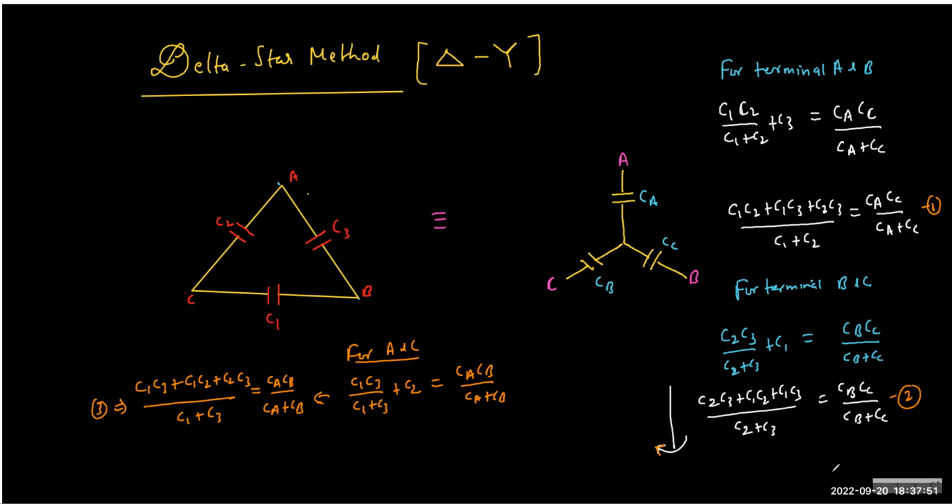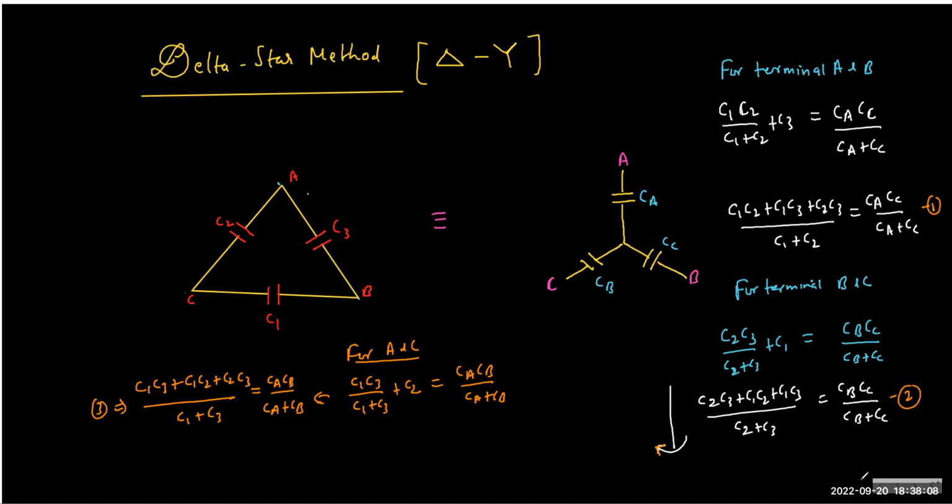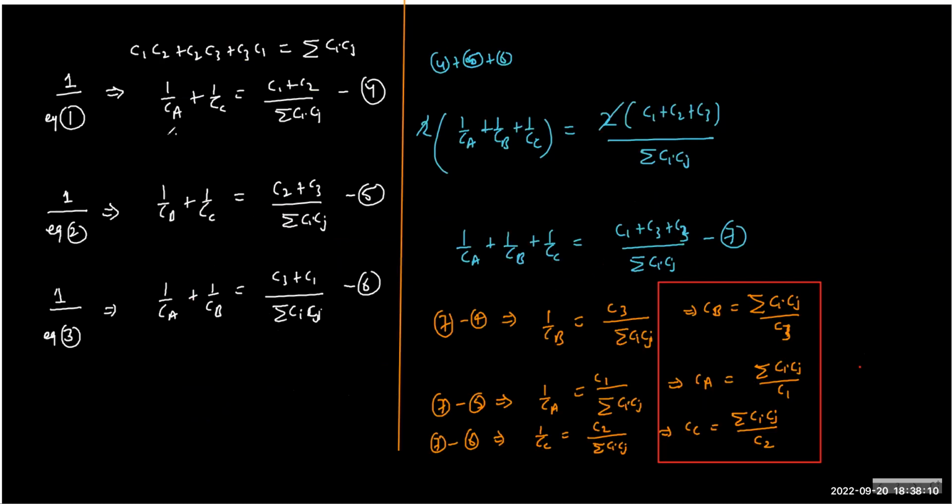For B and C, it is the first was A and C. So that will be B. 1, 2. Just 1, 2.